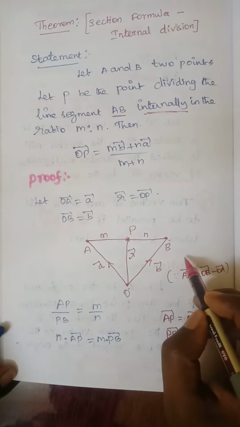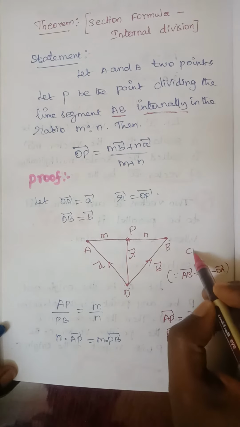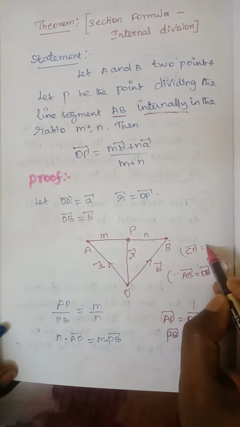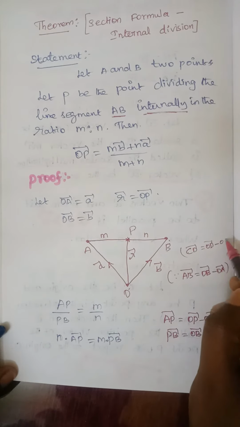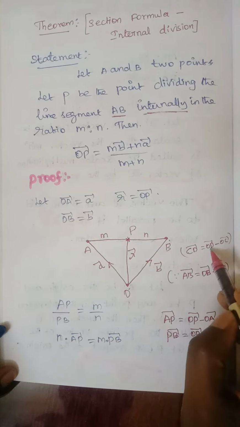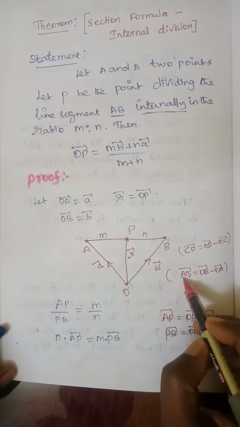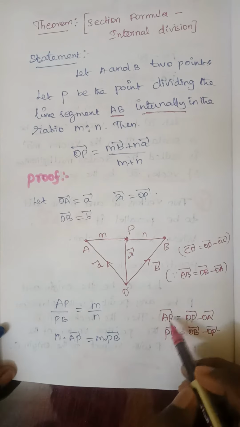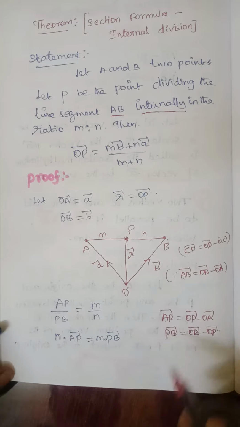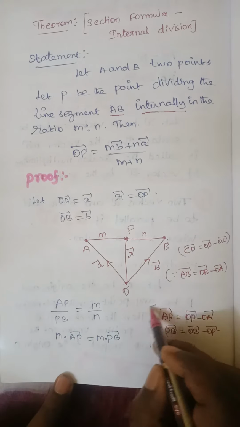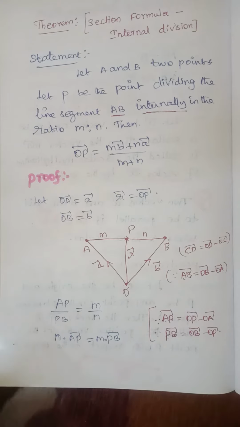Next example, CD vector we can write as OD minus OC. So this is the form. CD is OD minus OC, AB is OB minus OA, AP is OP minus OA, BP is OB minus OP. So that's why I am going to write this here.